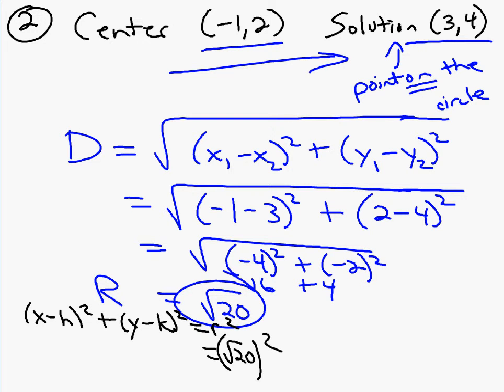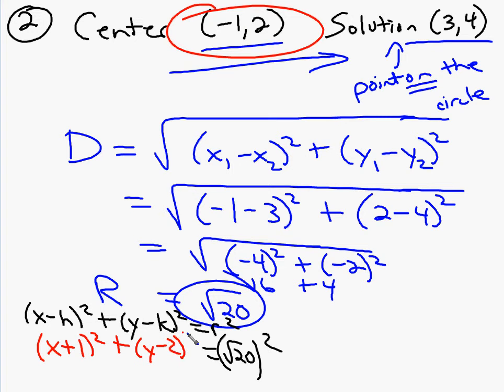The center. I use this one. So it'll become x plus 1 quantity squared plus y minus 2 quantity squared. And we're done except for the fact that the square root of 20 squared is 20. So your final answer, this will be a 20. Okay?